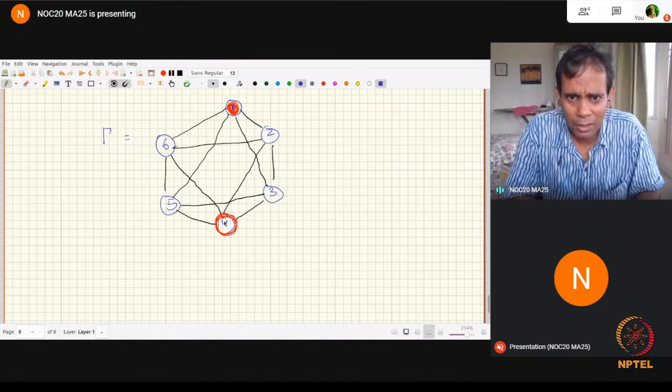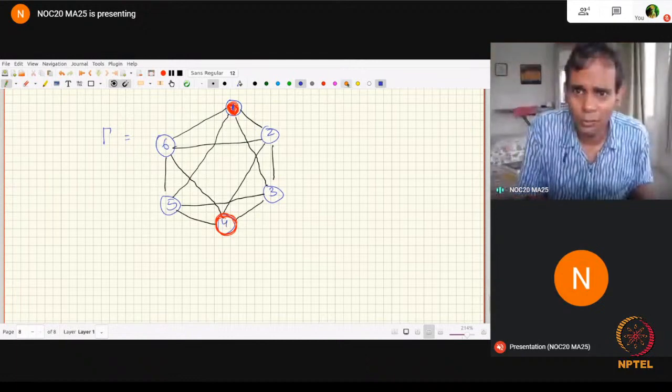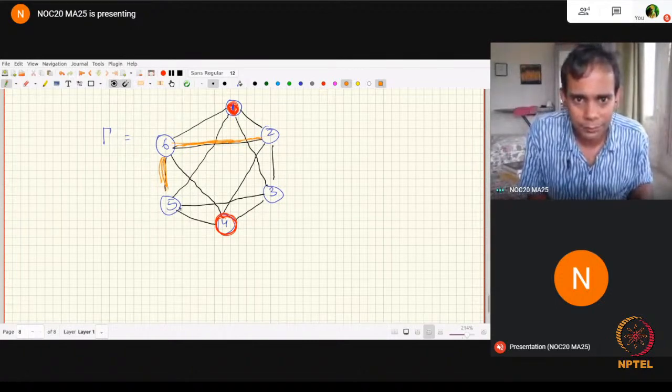So that leaves these other 4 vertices which we are allowed to move around. And these themselves together form a graph.